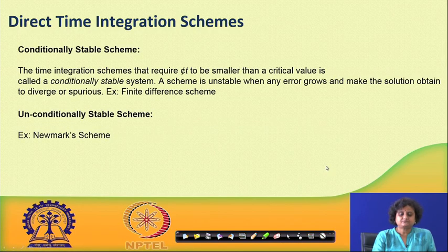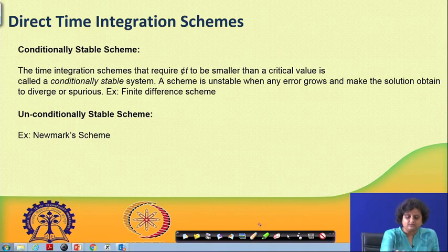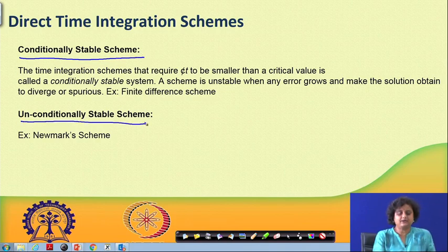Apart from the previous classification, there are two more classes in which time integration schemes can be differentiated. One is called conditionally stable schemes and the other is called unconditionally stable schemes.